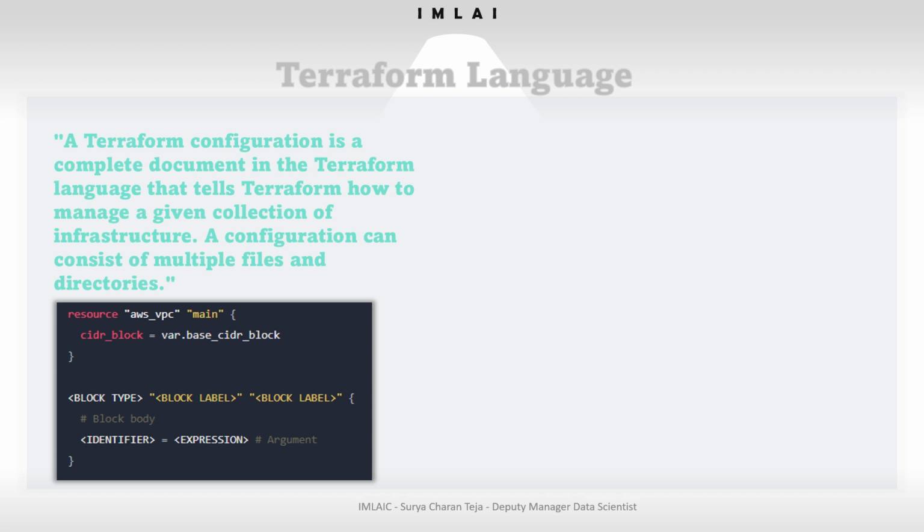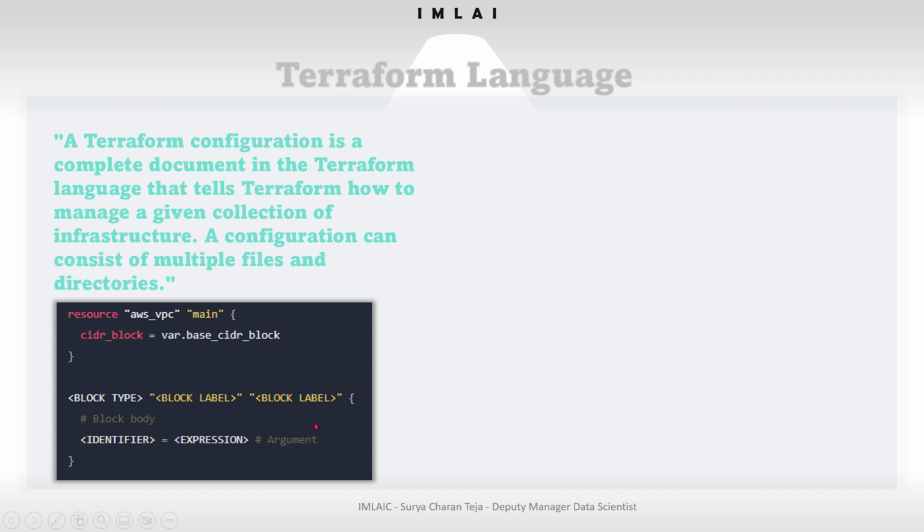That's it. Here is the block type, and then a block label, and then another block label, and then the block opens. This is the same example written on top as Terraform configuration language.